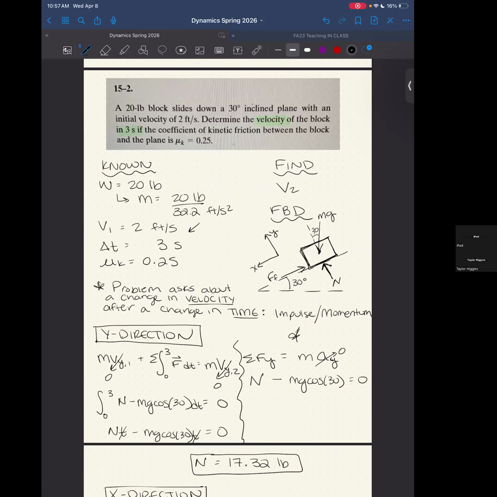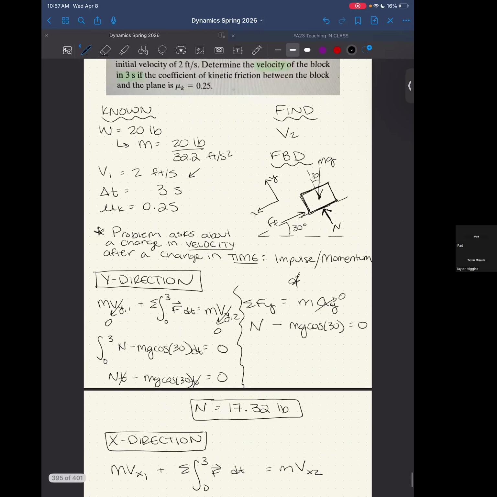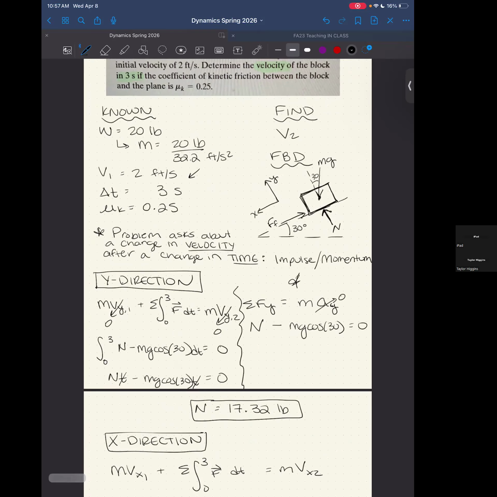In the y direction at the bottom of the page, you went from 0 to 3, N minus mg cosine 30 dt, and then you went to Nt minus mg cosine 30 t. It really should be, I left out that this is all evaluated from 0 to 3.